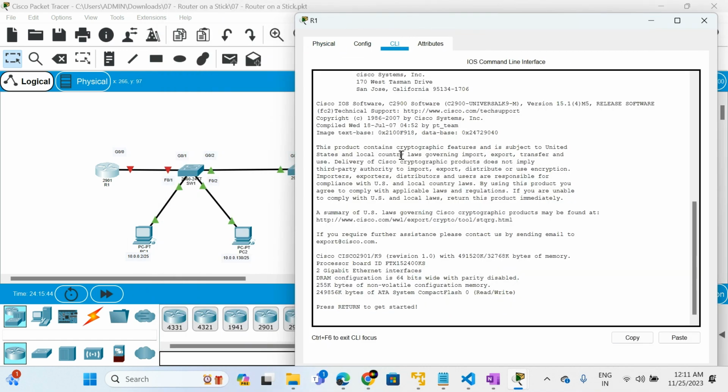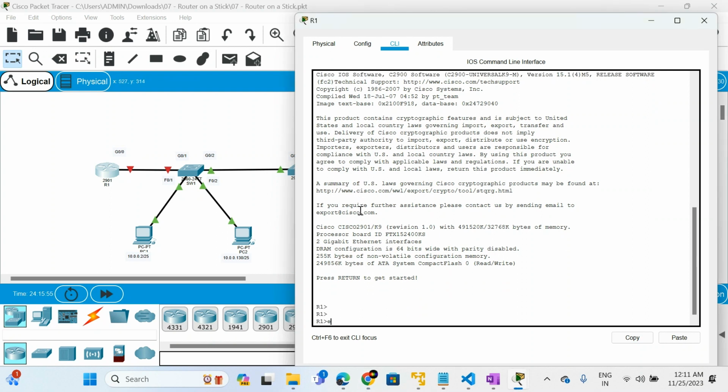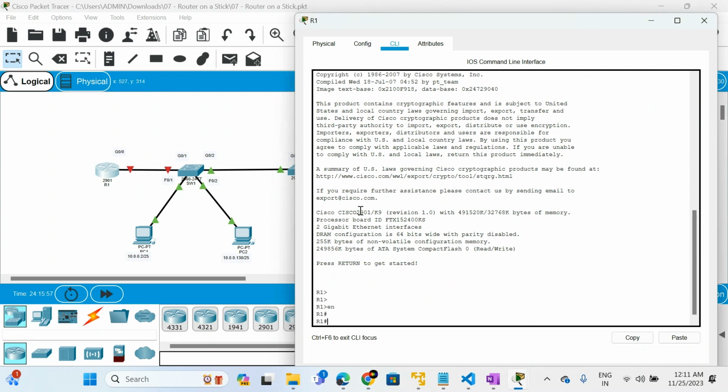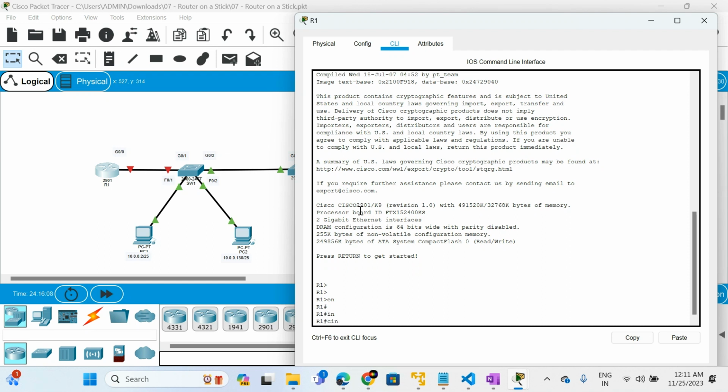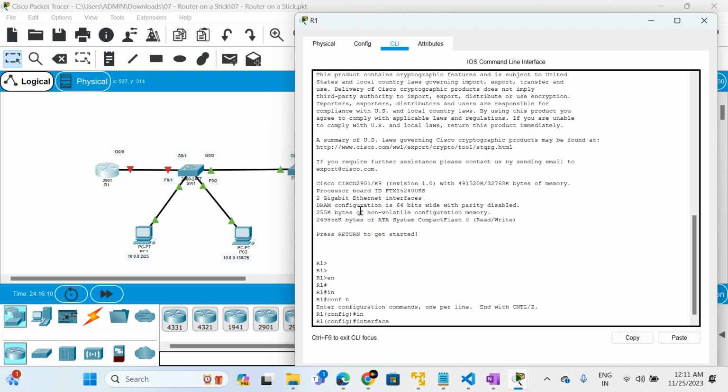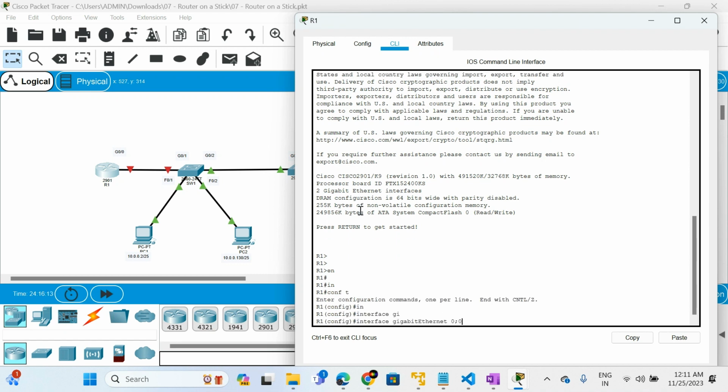Now moving to the router on a stick configuration. I need to configure the interface gig 0/0.13.